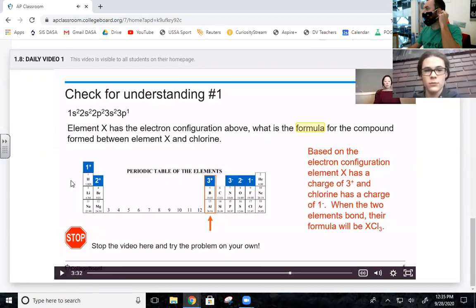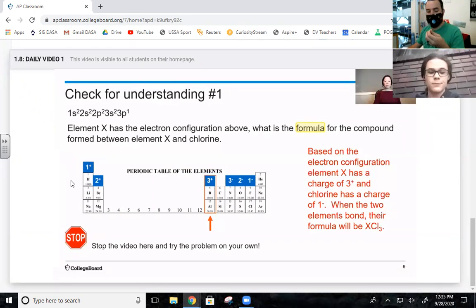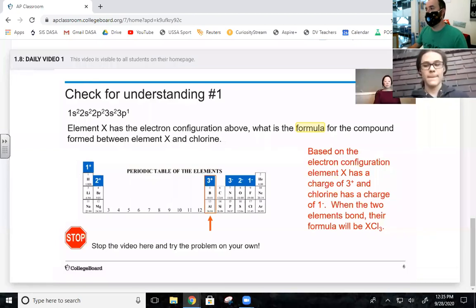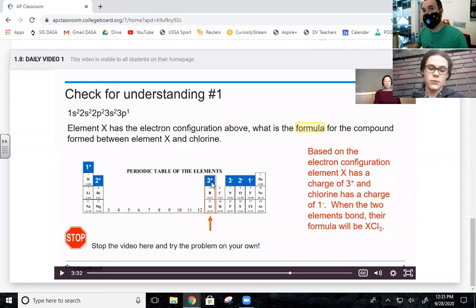You don't understand how this works? Okay, so it's giving you the electron configuration of X, and then you're just trying to figure out, how are you supposed to know that it's Cl3? Because the electron configuration tells you that it is going to have a +3.